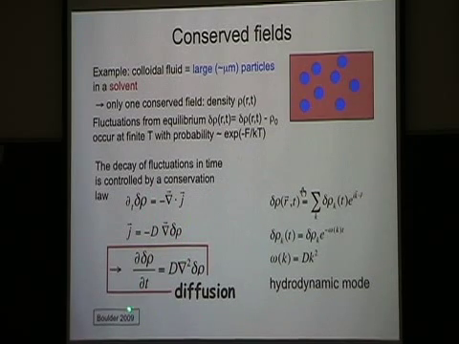If you combine these two, you get the simplest of hydrodynamic laws, which is a diffusion equation for this density fluctuation. I have considered small fluctuations, so this is a linear equation, so I can immediately go to Fourier space and solve for the time decay of fluctuations of a given wave vector. And the decay rate clearly is just D k squared.